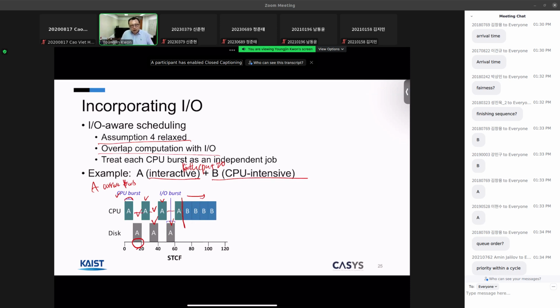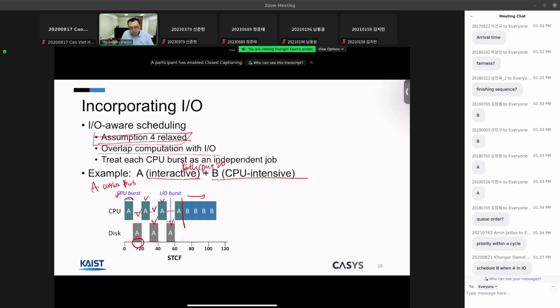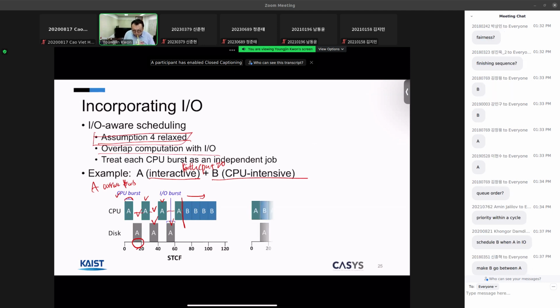So what is a desirable way to improve STCF? How do you improve your scheduler when assumption 4 is relaxed? Exactly, by overlapping IO and computation. So plugging B into the middle of the execution of A is good.